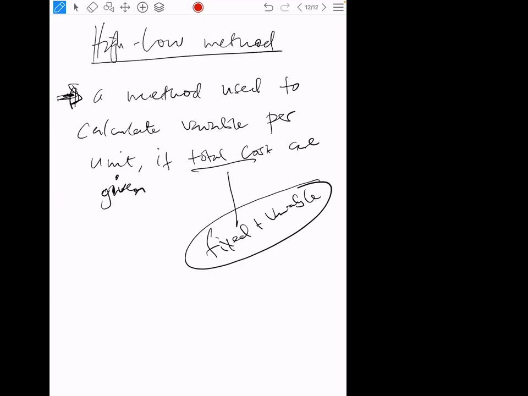Now, because it is used to calculate variable cost per unit, you have to keep this in mind.